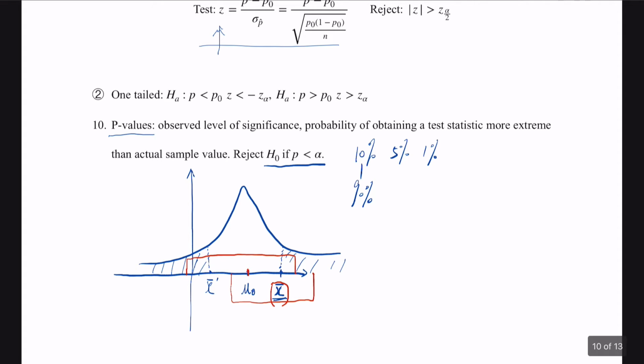So therefore, you can say if your level of confidence is 90%, the alpha is 10%. Alpha represents the area of this region. In this case, the alpha is smaller than the p-value. Therefore, we cannot reject our hypothesis here.